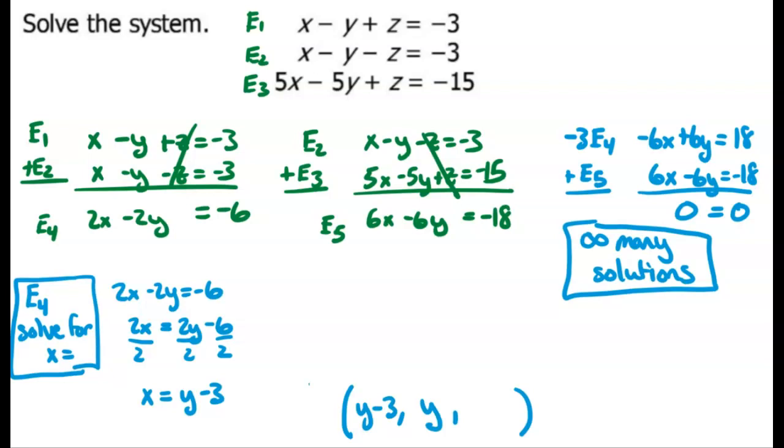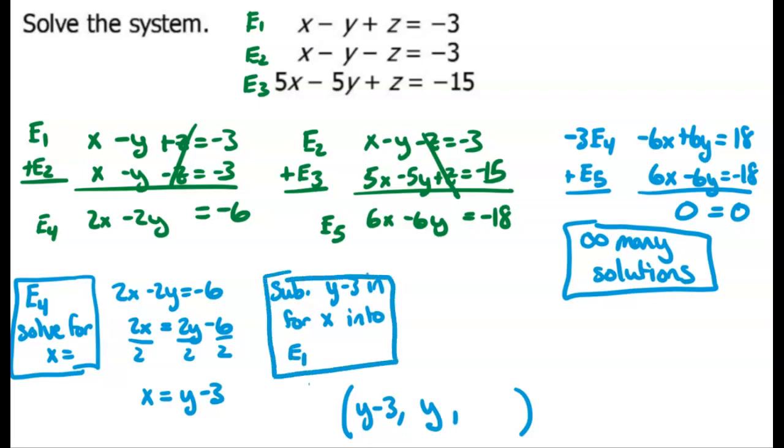So what I'm going to do is substitute y minus 3 in for the x into one of the equations. I think I'm going to do it into equation 1. It doesn't really matter, equation 1, 2, or 3.